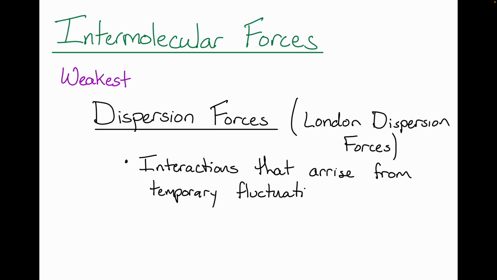So this is going to be the key phrase, temporary fluctuations, in electron clouds. Or really, I mean, we should call them orbitals, but you will hear that phrase.